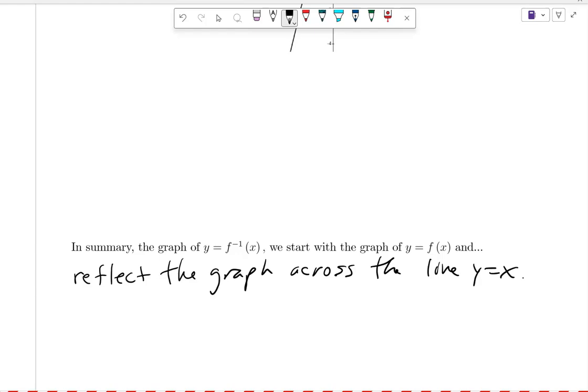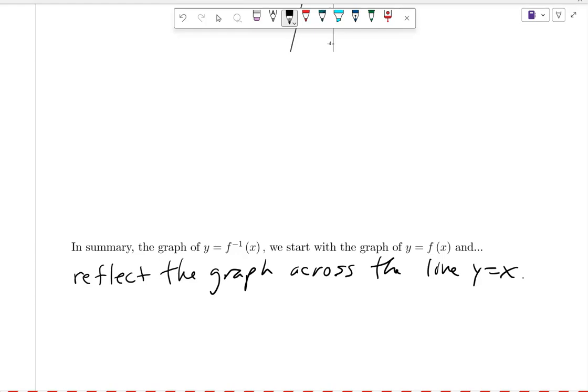Remember we did transformations where we reflected across the x-axis or the y-axis. For inverse functions to get the graph, we reflect across that diagonal. And again, the reason is because we're flip-flopping what x and y means, right? Y's become x's, x's become y's.